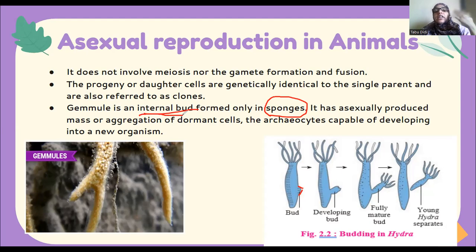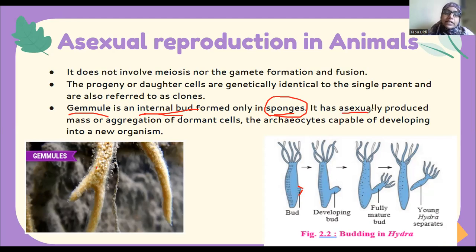Obviously the nature, the type, the structure of these buds will be completely different as compared to those that we discussed in plants. So here the bud is known as gemmule, something like spores, which are internal to the animal. Here animal as in the organism, that is sponges we are talking about, and it is asexually produced.